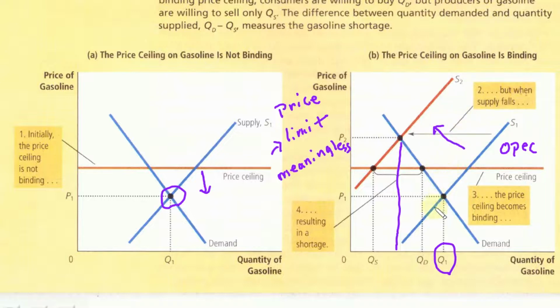As you can see here, as OPEC reduces their quantity of crude oil, the price automatically goes up because supply is short. Then more people will pay more, right?